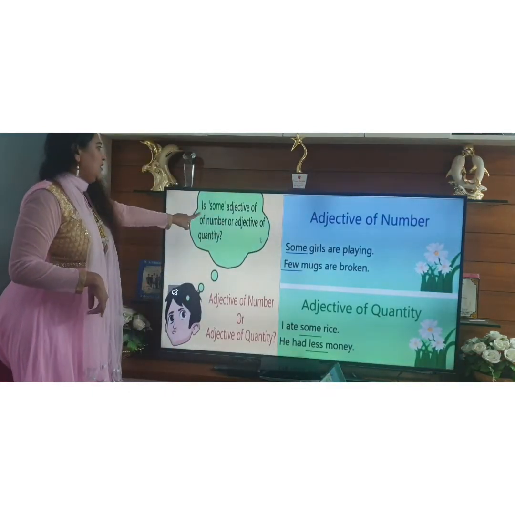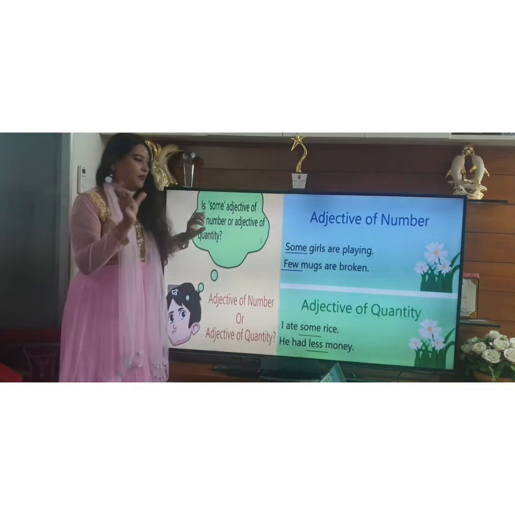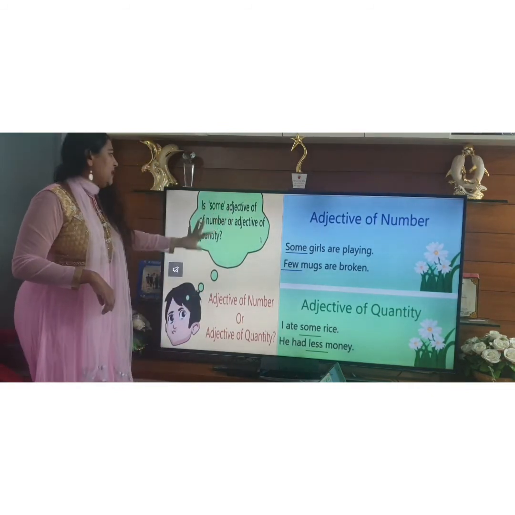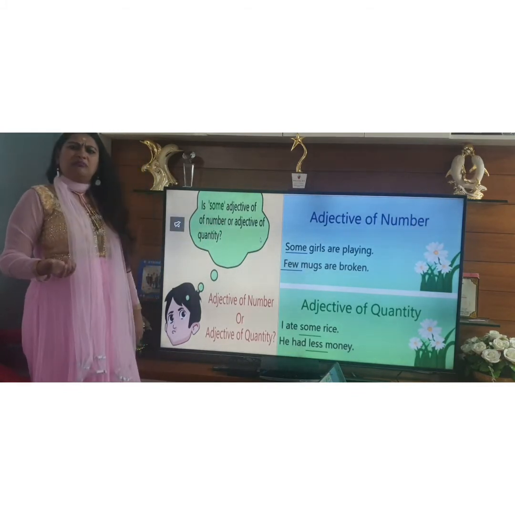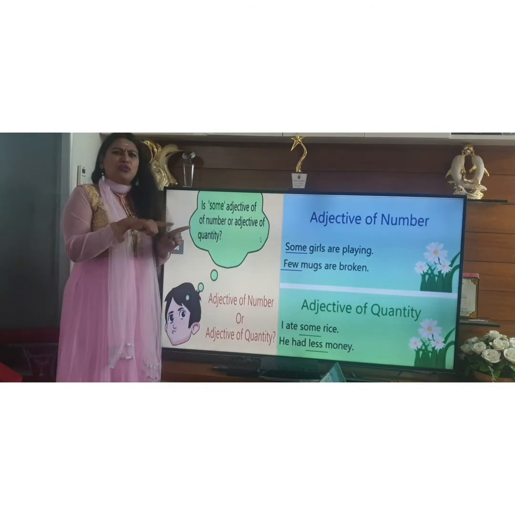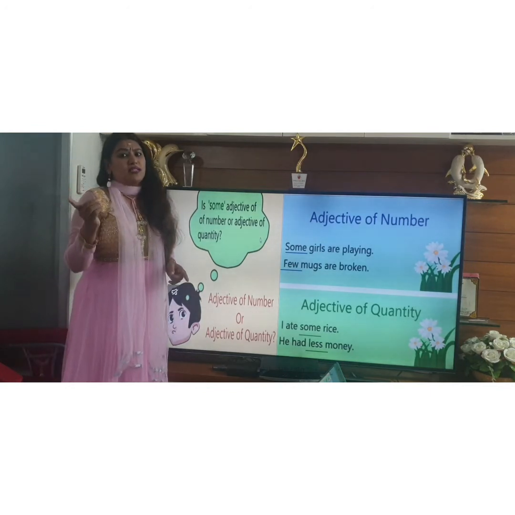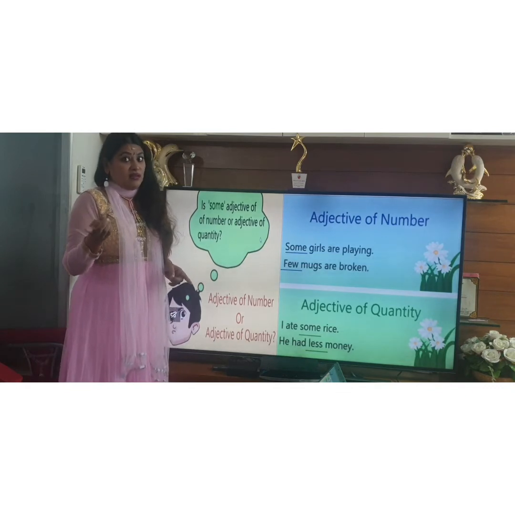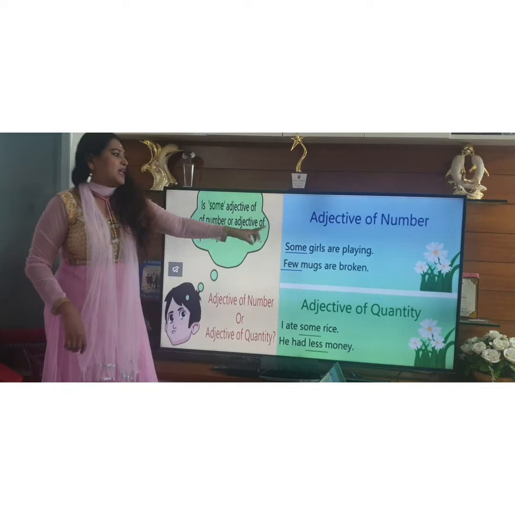See here, now we are talking about some, S-O-M-E. Is some adjective of number or adjective of quantity? At times it's used as adjective of quantity. At times it's used as adjective of number. See, adjective of number: some girls are playing.